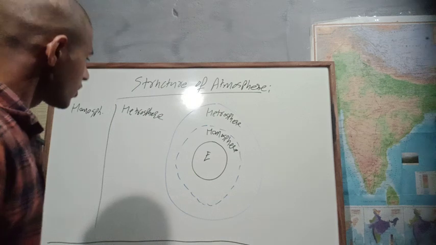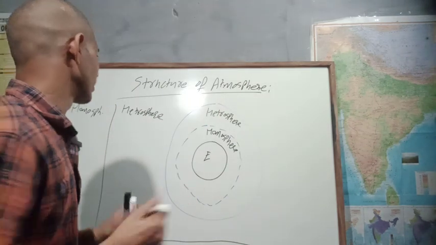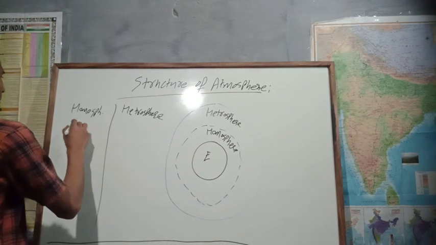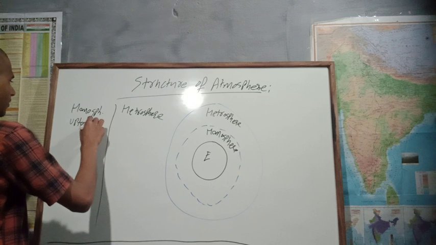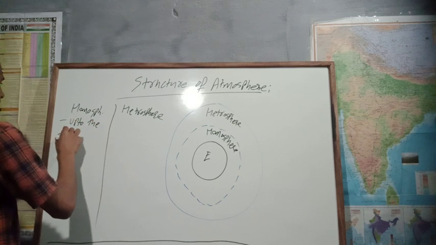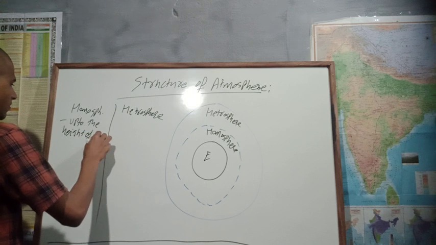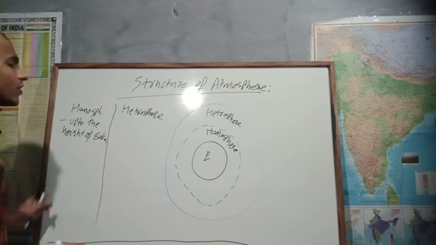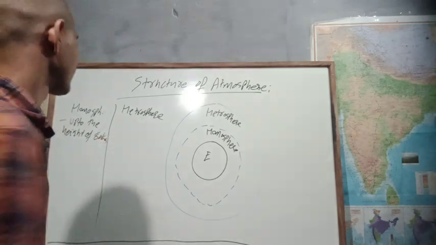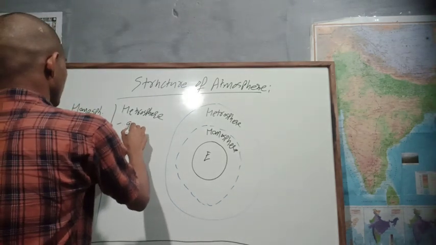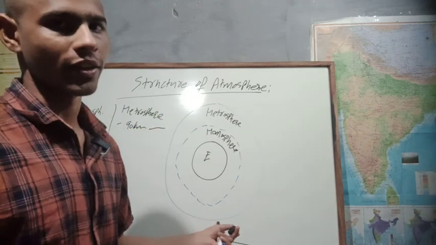This homosphere is up to the height of 80 kilometers. What about heterosphere? It is from 80 kilometers up to the end of the atmosphere. This is heterosphere.